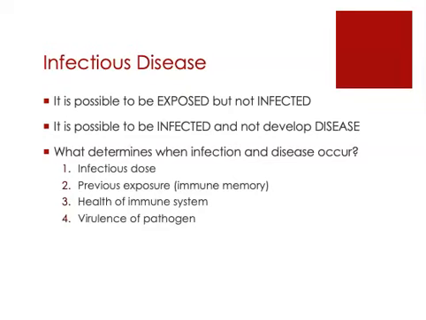Those include things like the infectious dose, any previous exposure that a person may have had to this pathogen, and of course the immune memory that comes about from previous exposure, the general health of the immune system in the person, and of course the virulence of the pathogen.